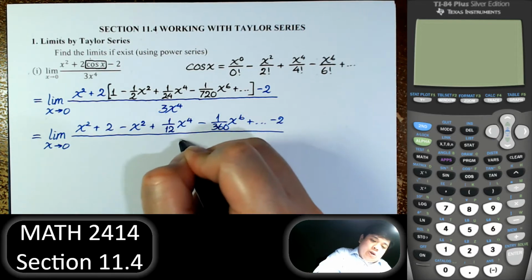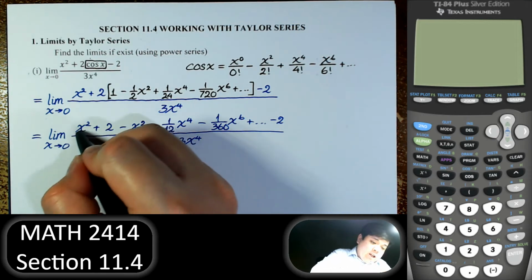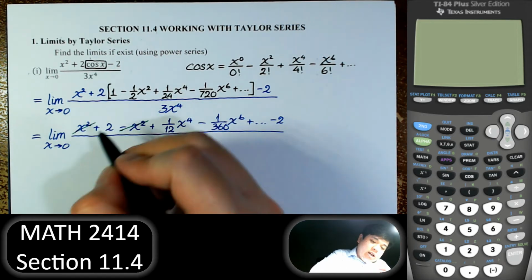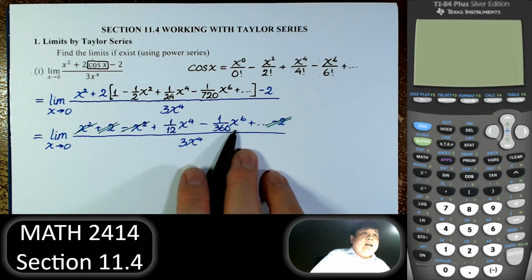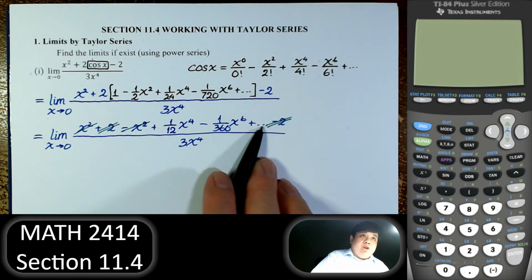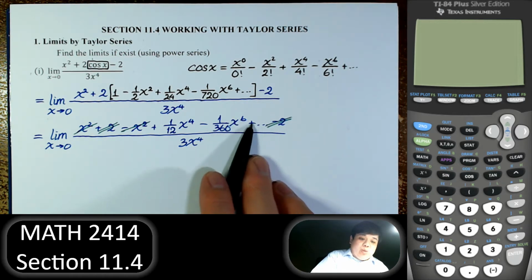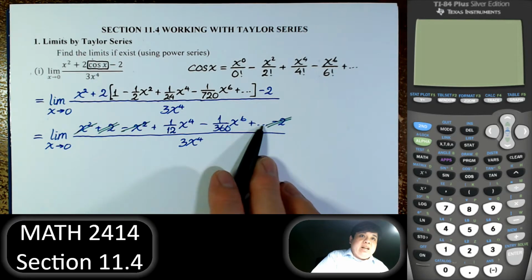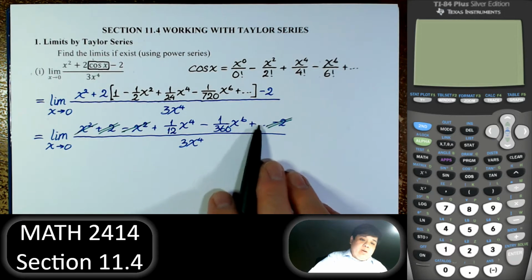Minus 2 over 3x to the 4th. Simplifying, x squared minus x squared plus 2 minus 2, we get those terms left, and then a bunch of higher powers than x to the 6: x to the 8, x to the 10, all the even powers higher than 6 in the dot dot dot.